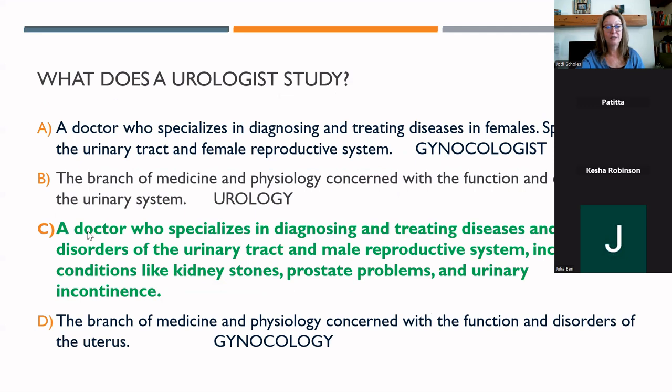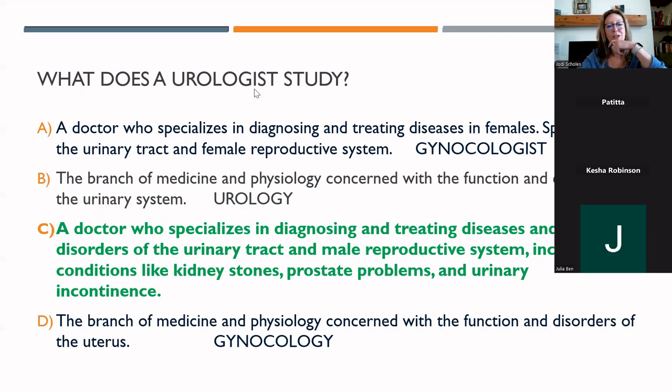It's a doctor who specializes in diagnosing and treating diseases and disorders of the urinary tract. The branch of medicine, urology. And I can see how letter B might have been close enough, right? Because it doesn't say who is a urologist.